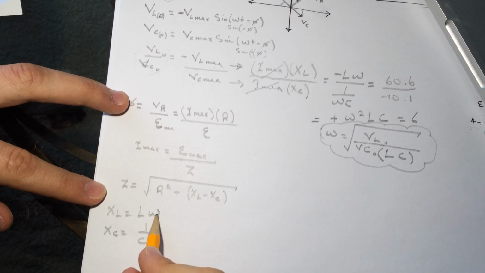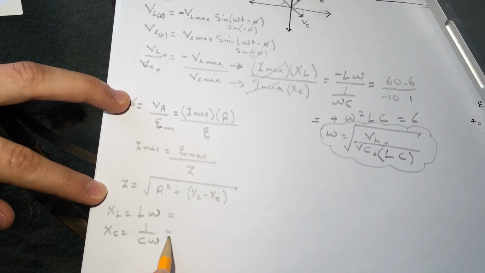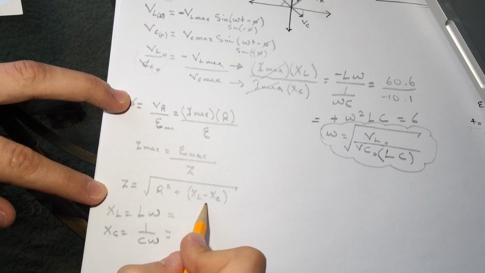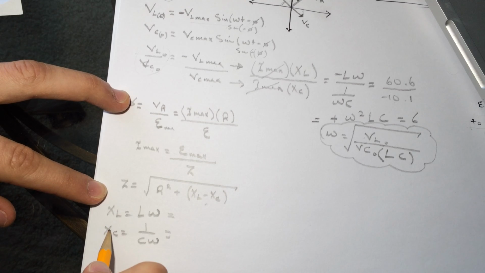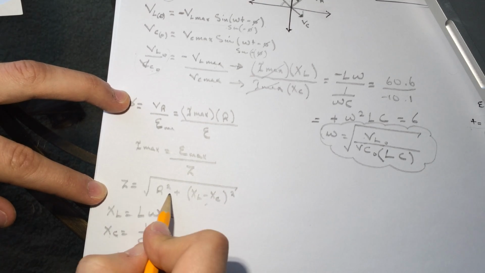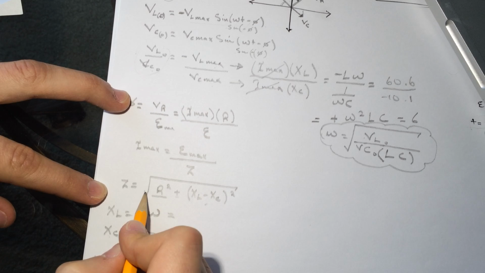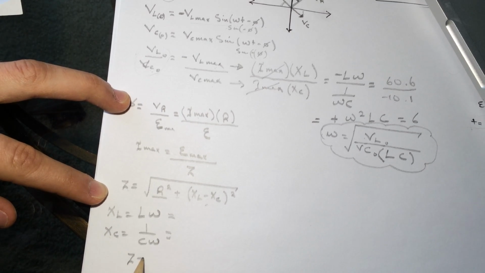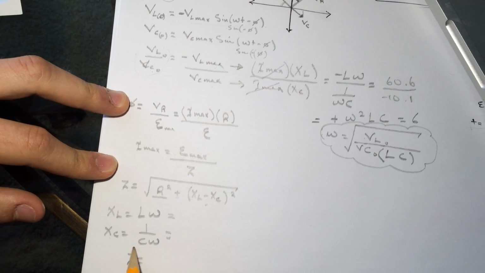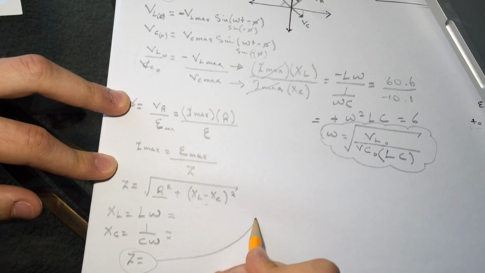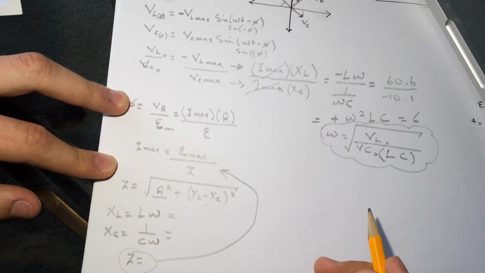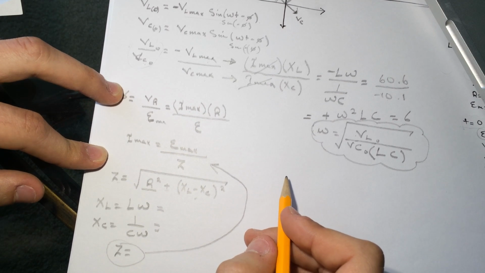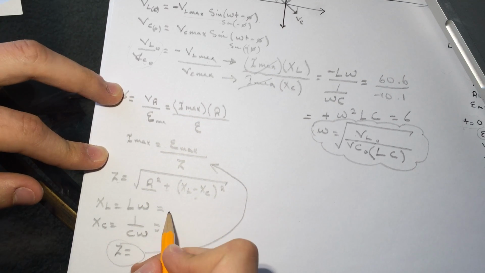Get the value of each, subtract the XC from the XL, square it, and add it to the R squared, and you'll get the Z. When we get the value of the Z, we can substitute it back in here, so we can get the I max.